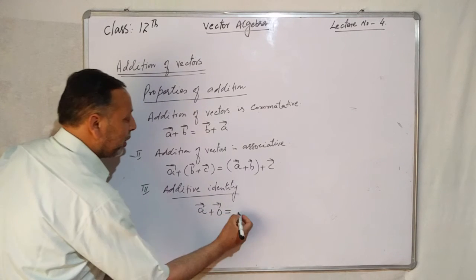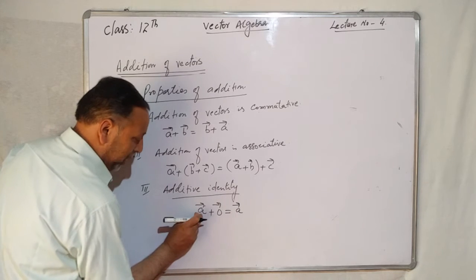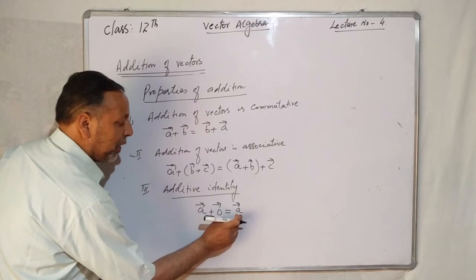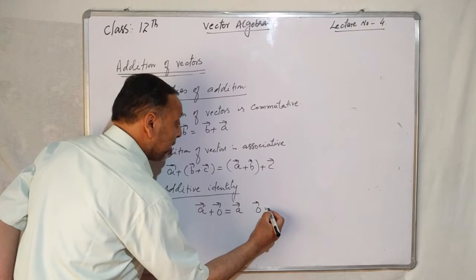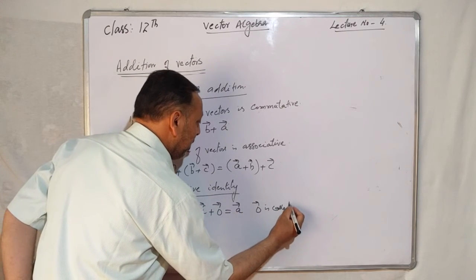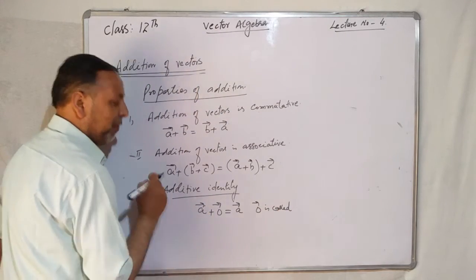A vector plus zero vector is always equal to A vector. यानी यहाँ मैंने A vector को zero vector ऐड किया तो ये मुझे A vector ही आया. Then this zero vector is called identity of A vector.